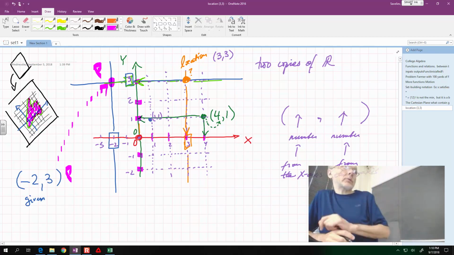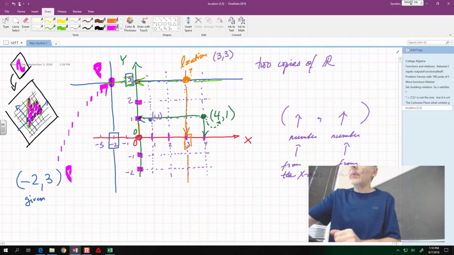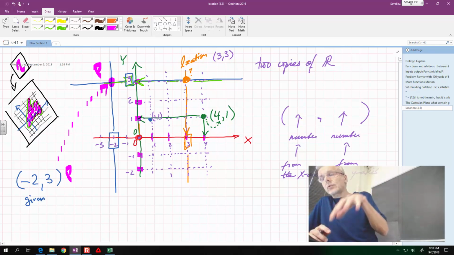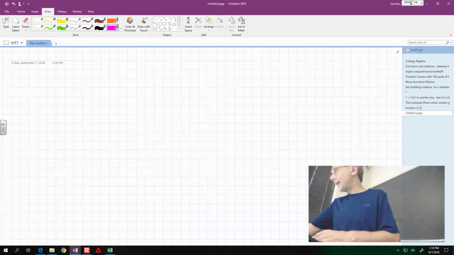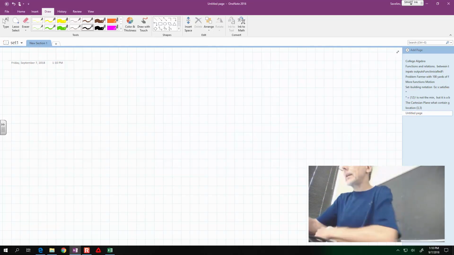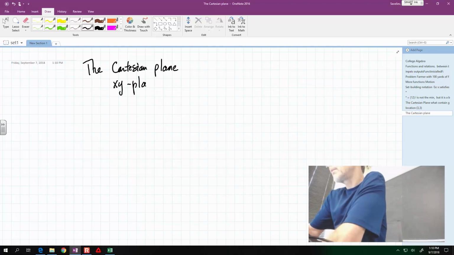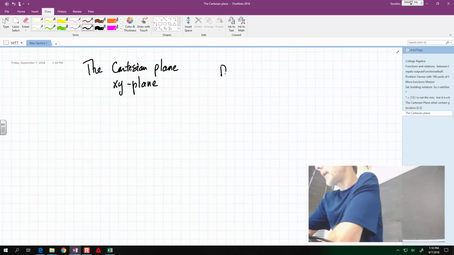We will review that. We'll come back to the Cartesian system for studying the geometry of things, or whatever you draw on a piece of paper. You can study it with the Cartesian system. But our interest right now is functions, so that's where we are heading next. As I mentioned before, the Cartesian plane, also known as the XY plane, well, there might be other names. The notation frequently used is R squared.